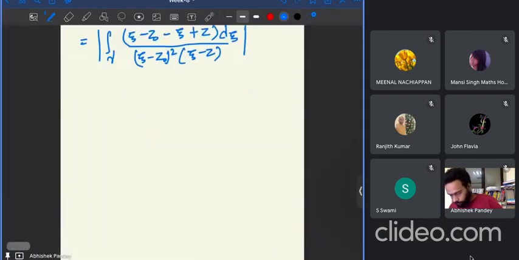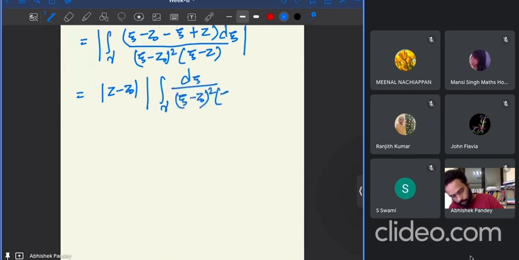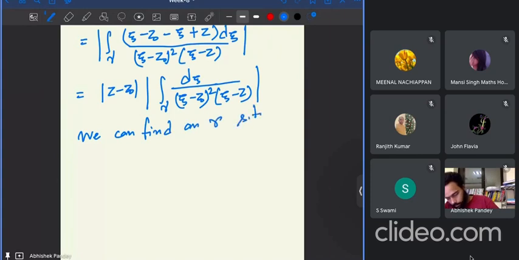So, this will be modulus of z minus z naught into the integral over gamma d xi upon (xi minus z naught) square into (xi minus z). Now again, what we will do, we can find an r such that |xi minus z| is greater than or equal to r and |xi minus z naught| is greater than or equal to r.